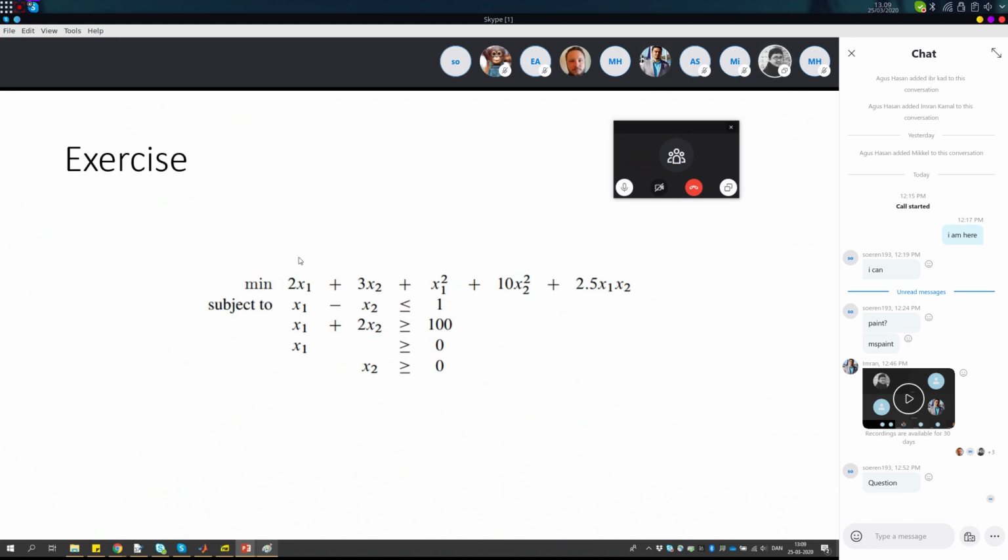What is your H matrix? The H matrix is 2, 2.5. That's the first row. Then it's 2.5 and 20. Sorry, 2, 2.5, 2.5, 20.